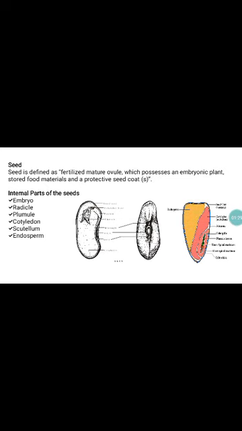The definition says that a fertilized matured ovule possesses an embryonic plant, your miniature plant, inside, either in the form of an embryo or in the form of the primary embryonic axis. Apart from the embryonic plant, it also has stored food material. The material may be stored in the endosperm or in the cotyledon, and all of these are surrounded by the protective seed coat or coats.